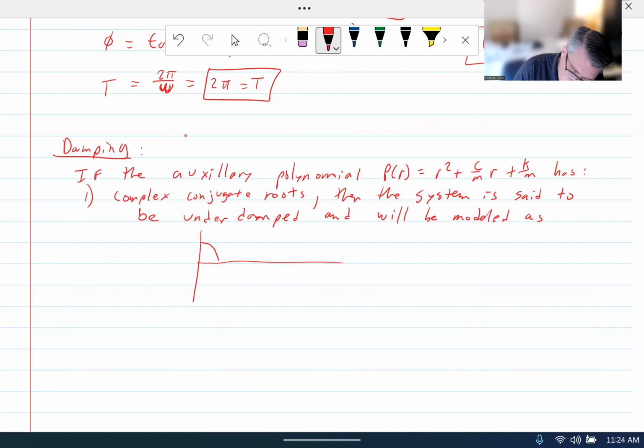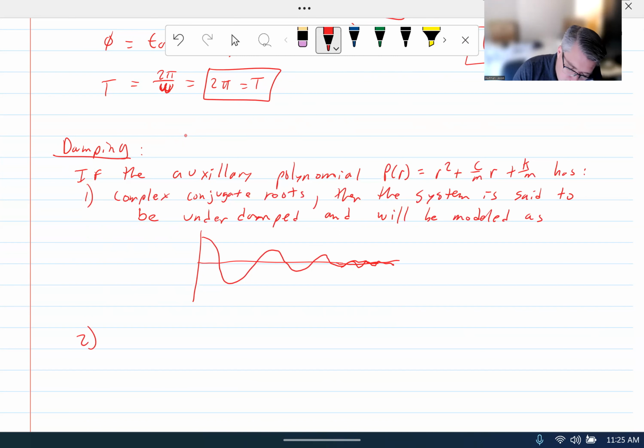And we'll get a curve that kind of goes back and forth, but then eventually kind of fizzles out.